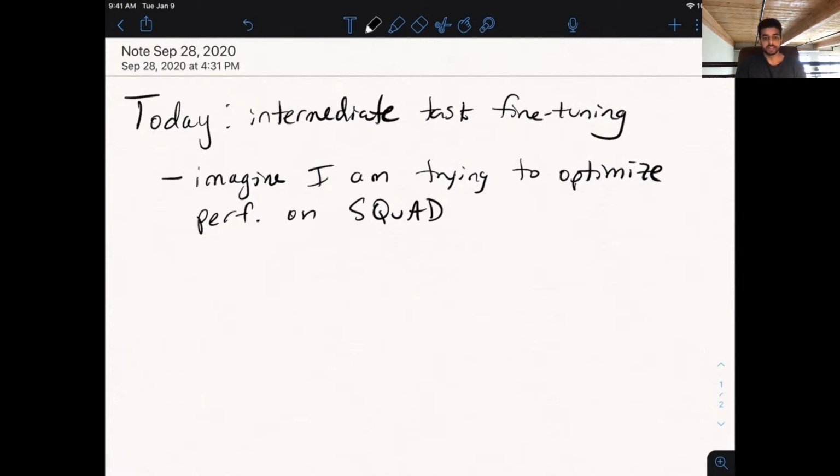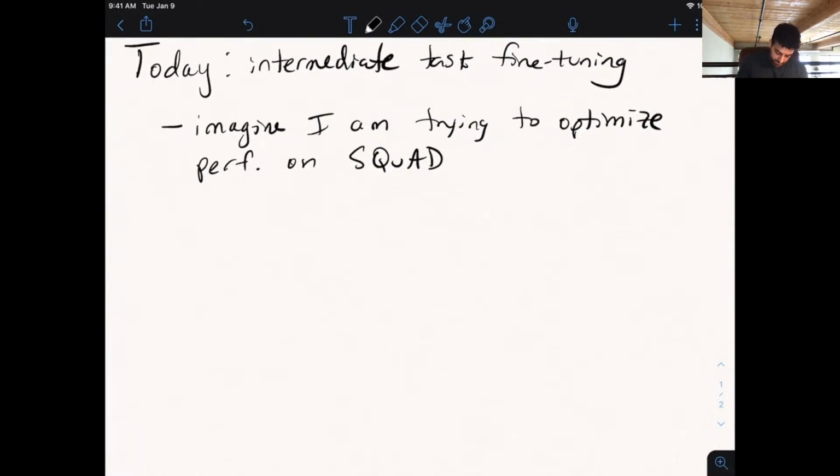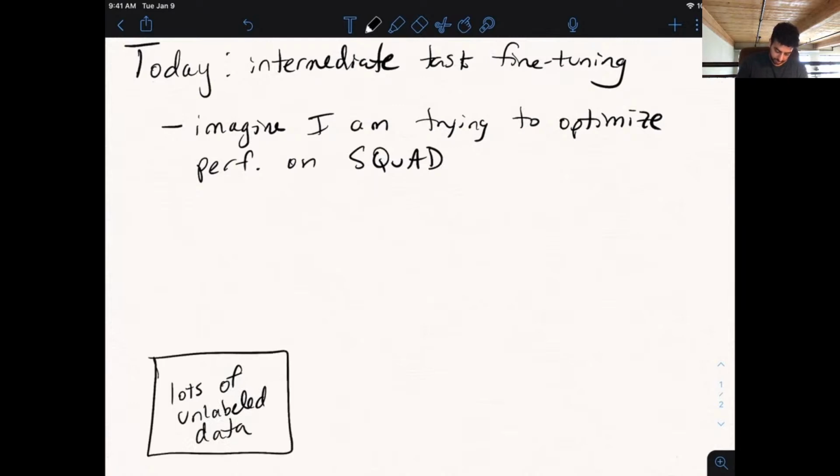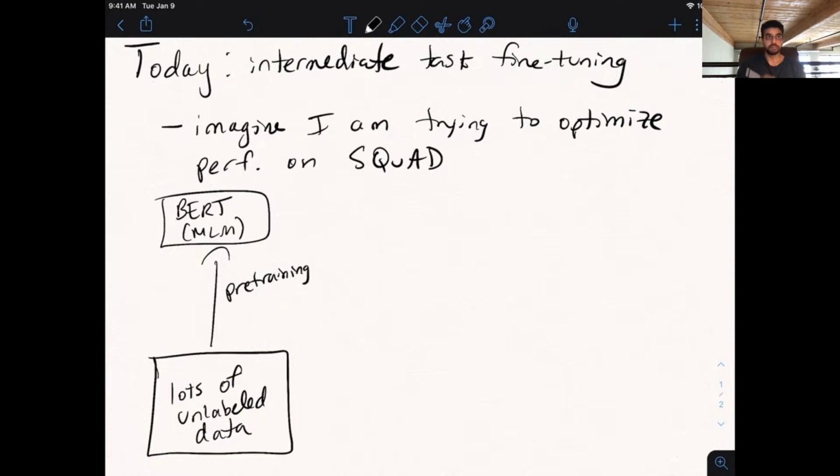So to draw this out, it would look something like, and this was basically a figure from one of our earlier slides. We have lots of unlabeled data. We feed this into BERT, right? And we pre-train BERT using the masked language model objective. We'll call this the pre-training step.